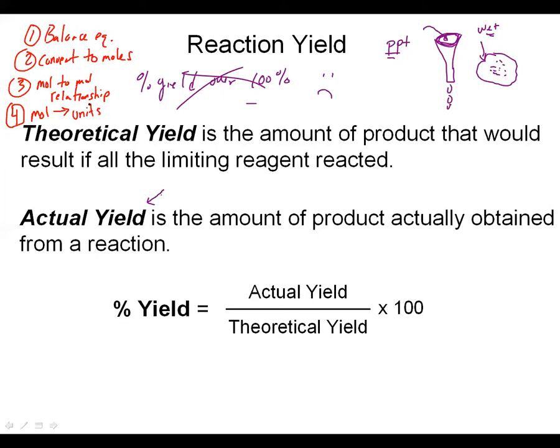A more complicated stoichiometry problem, which we also talked about, is a limiting reagent problem. In a limiting reagent problem, that is typically a problem where you're given the starting amounts of both reactants. And that's usually how you can identify that it is a limiting reagent problem.